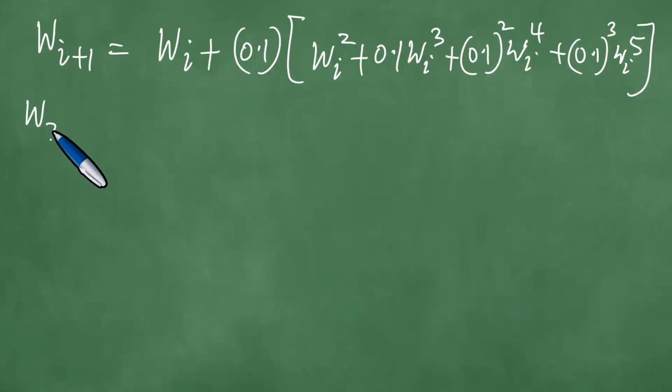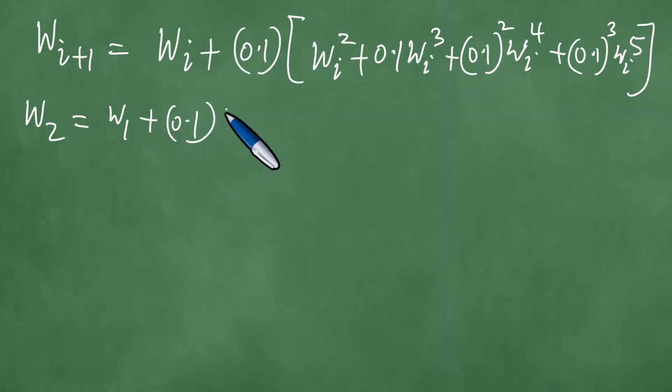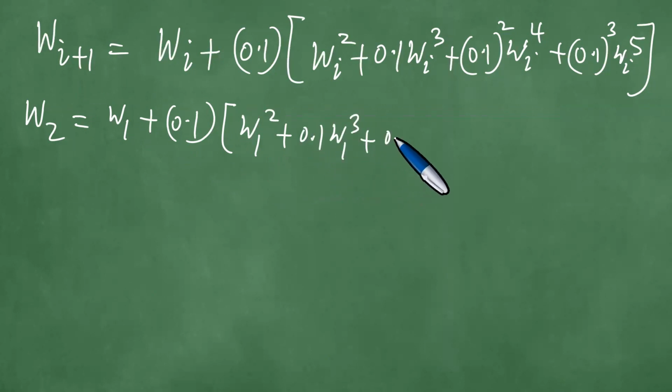Now we're looking for W2 because it's at the next h, 0.2. So W2 is going to occur when i is 1 here.